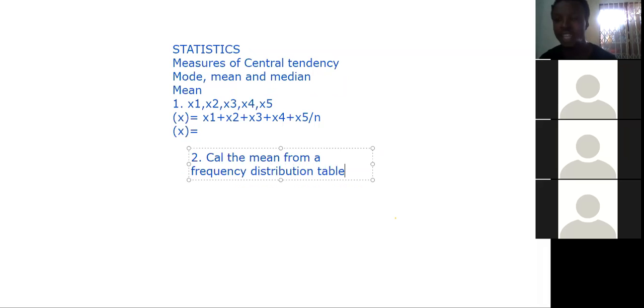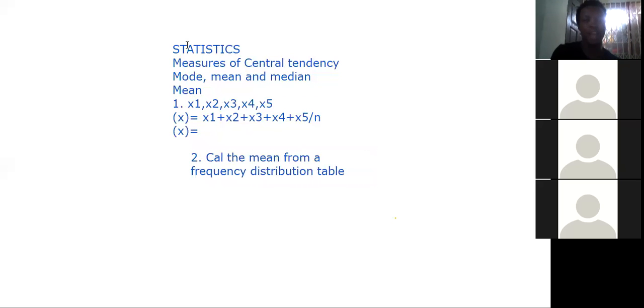That means when you are given a table of x values and their frequency, when you are given a set of values with their corresponding frequency, how are you going to calculate the mean? That's what it means. For those who joined the class in our previous meetings, I spoke about frequency and so forth.